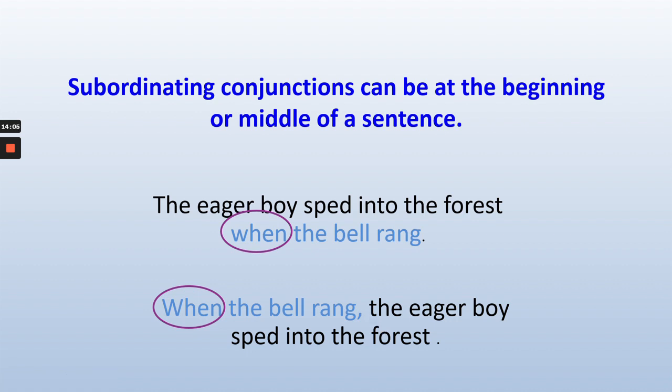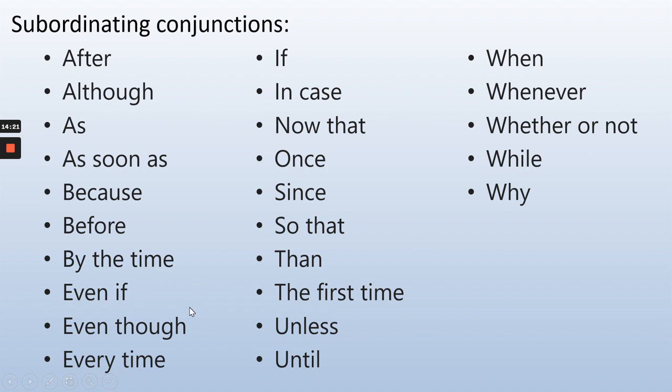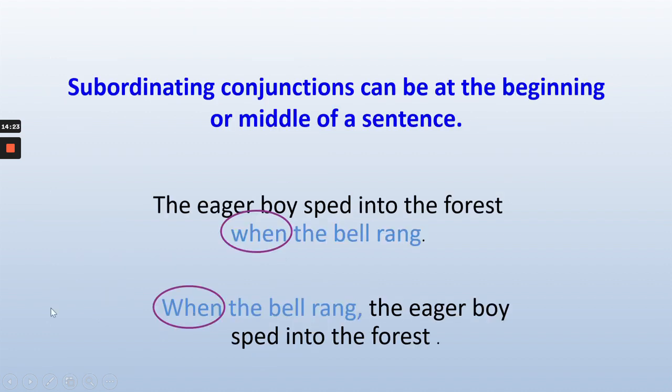But we're looking for the subordinating conjunction. The subordinating conjunction comes at the beginning of the dependent clause. So if all this in blue is the dependent clause, this is the subordinating conjunction. So the subordinating conjunction can be at the beginning of the sentence or the middle of the sentence.